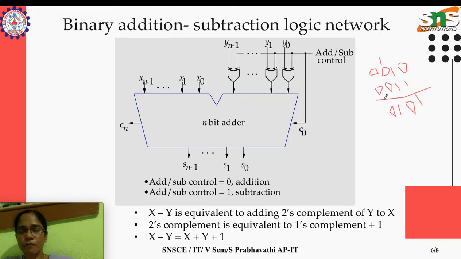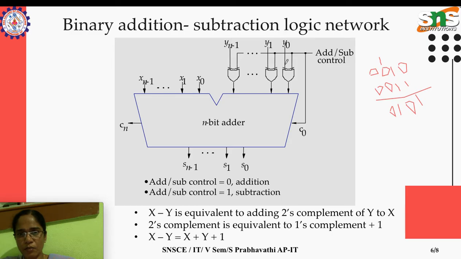So this is x and this is y. When I pass this y value, in this control I am performing the addition operation, so its value will be 0. So all values will be 0. Now this is the 3 value. The number 3 is represented as 0 0 1 1, so its LSB is 1, that's y naught.